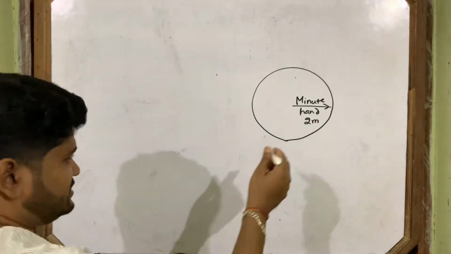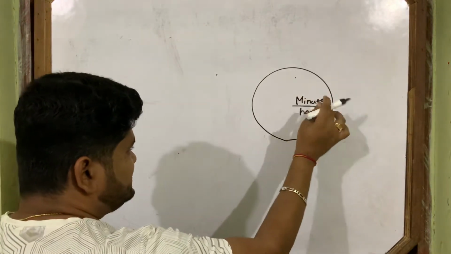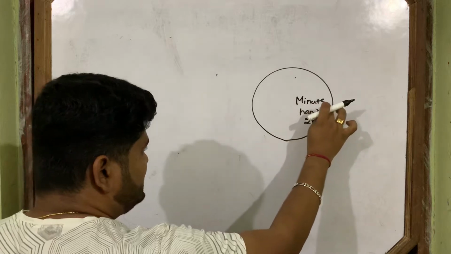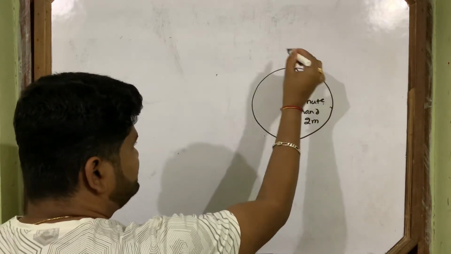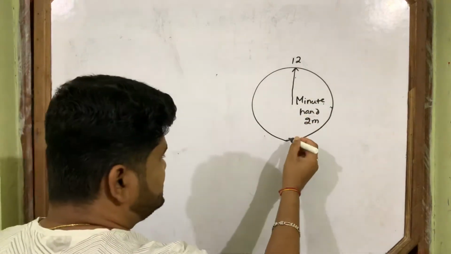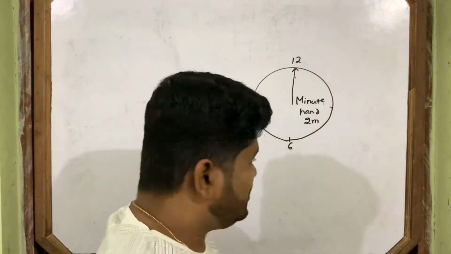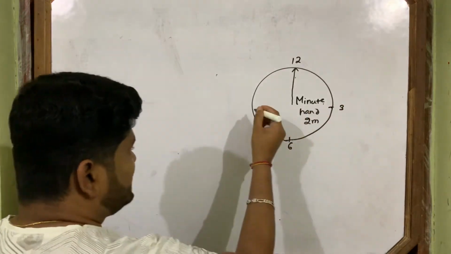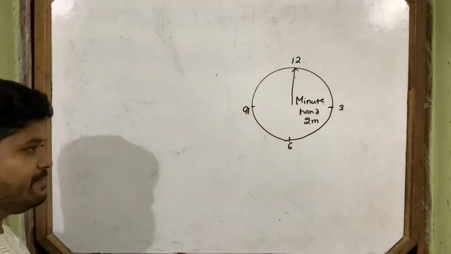So my question is, this is the position of the minute hand first, which I am drawing here. This is 12, this is 3, this is 6, this is 9. You have an idea about the clock.